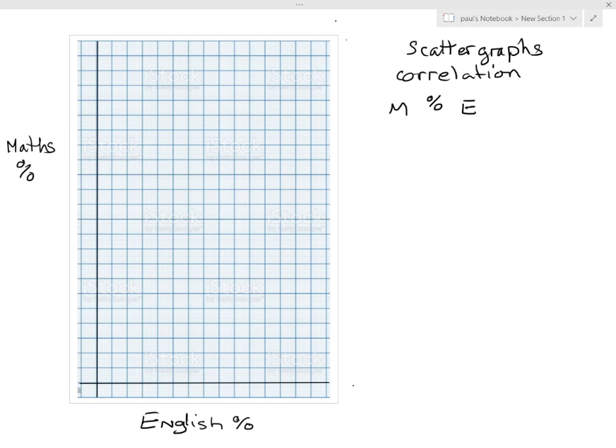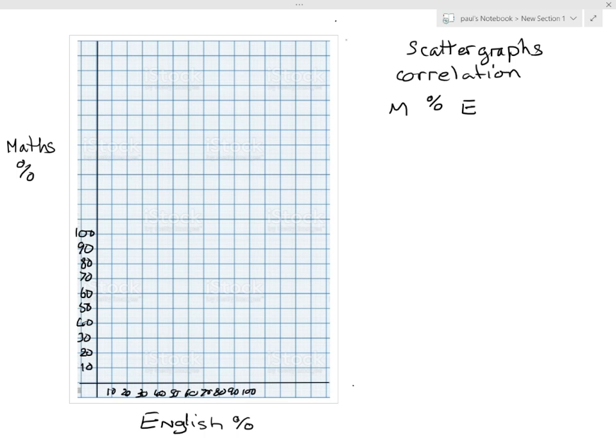So we're going to go from percentage, so we may as well just go 10, 20, 30, 40, 50, 60, 70, 80, 90 and 100. And the same along the bottom, 10, 20, 30, 40, 50, 60, 70, 80, 90, 100.